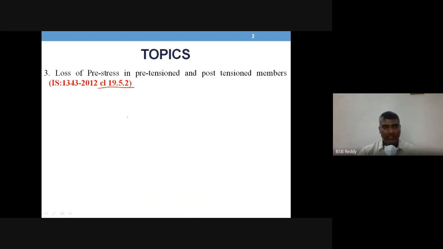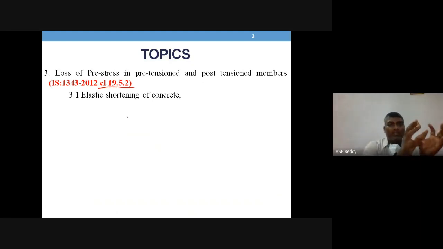Now, if you see the syllabus content, we have to calculate the loss of pre-stress both in pretension and post-tension members, and we will categorize what are the losses in pretension members and what are the losses that occur in post-tension members, that we will see.